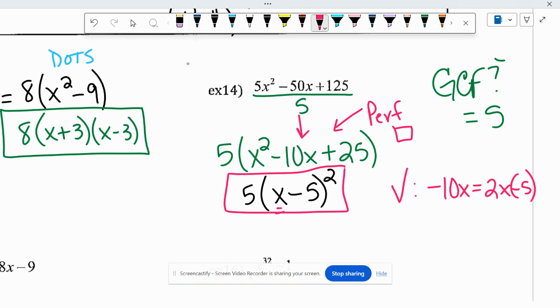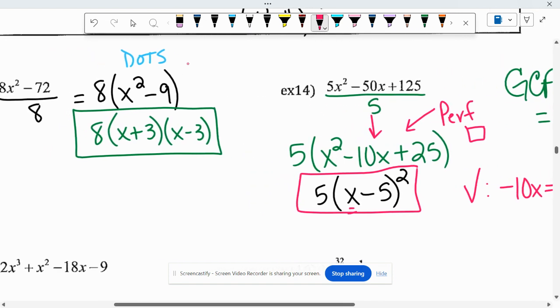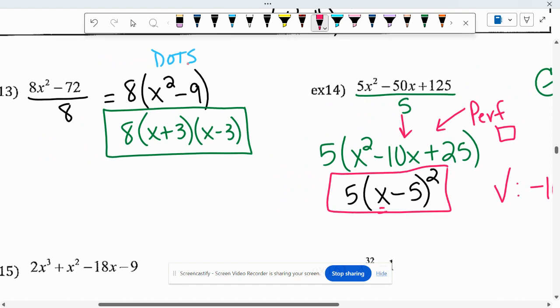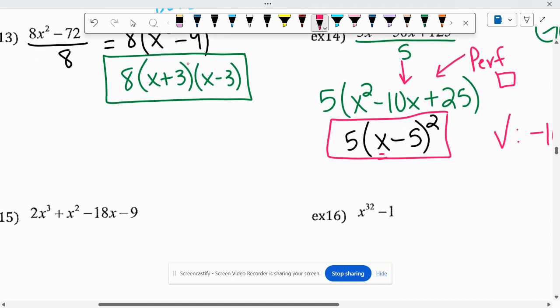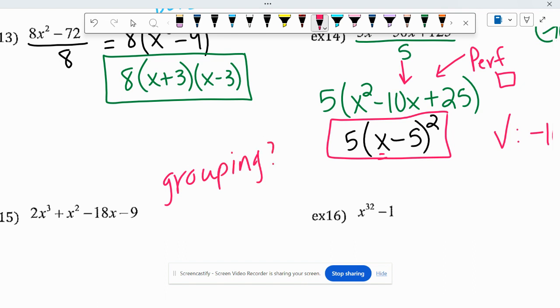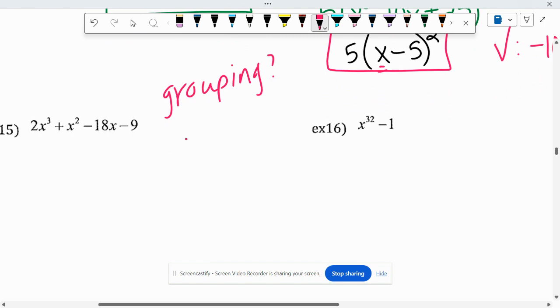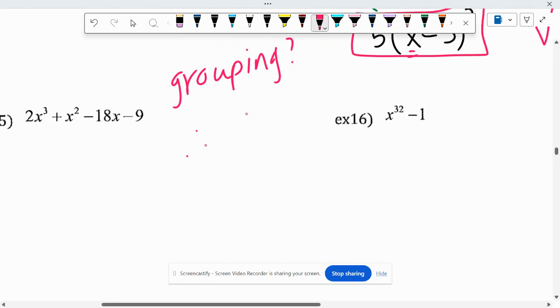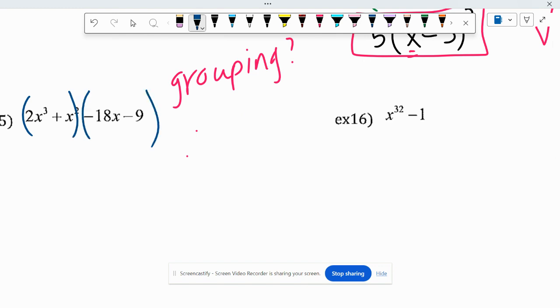Number 15. How many terms are there? When I have 4 terms, what does that mean? Yeah, we've got to factor this by grouping. Is there a GCF in here? Before I try to factor it by grouping, is there a GCF? No, there's not. Yeah, 1. So let's group these.